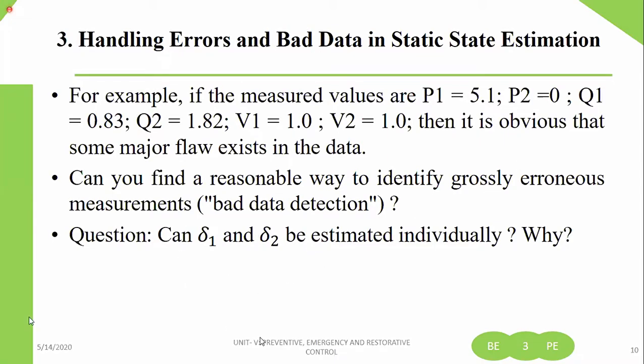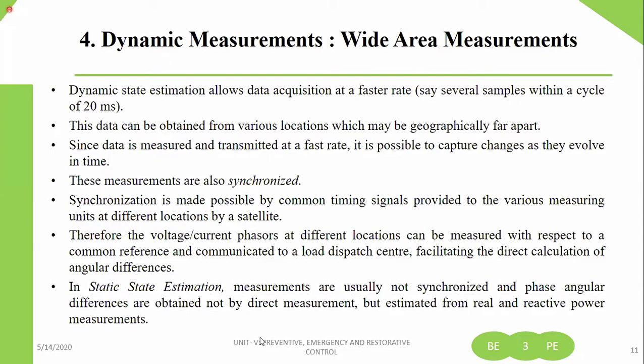Directly you can measure P1, P2, P3, Q1, Q2, V1, V2, and then measure del 1 and del 2 individually. How we measure is using a satellite. This is a new concept which is developing in the power system.